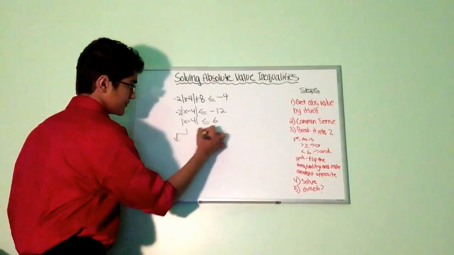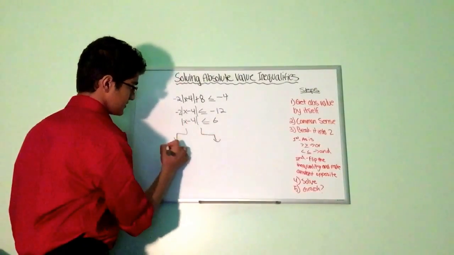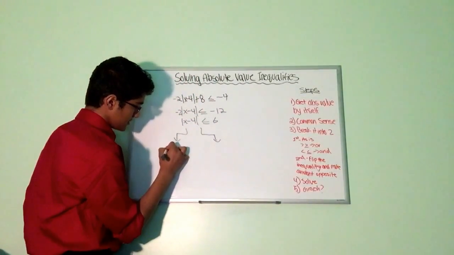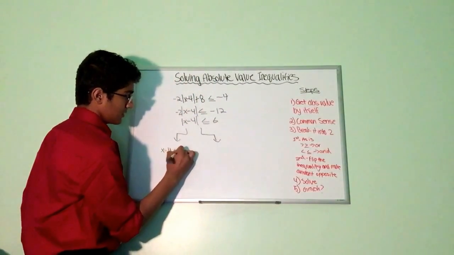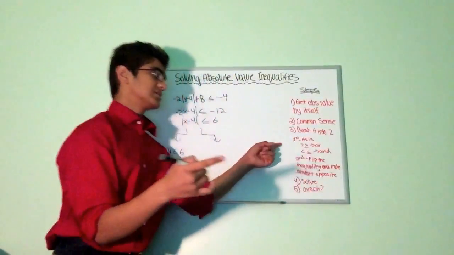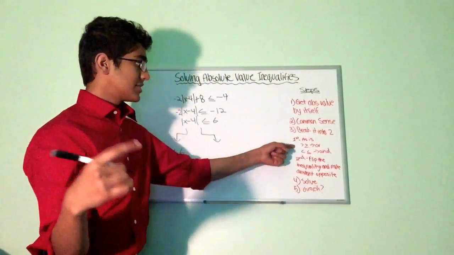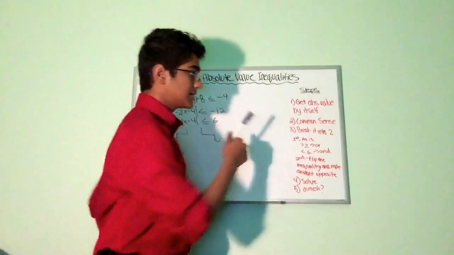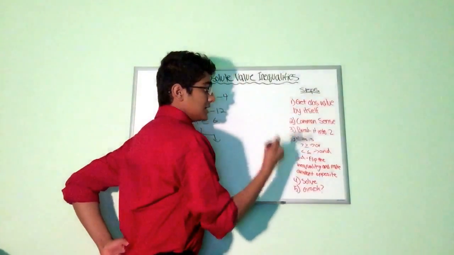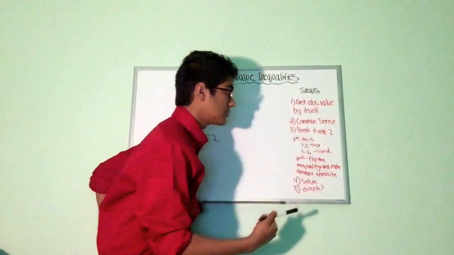Right? So the third thing you do is you break it into two inequalities. The first inequality would be as is, so x minus 4 less than 6. And here's a rule: if there's a greater than sign, then it's an or inequality. If there is a less than sign, the inequality is an and inequality.